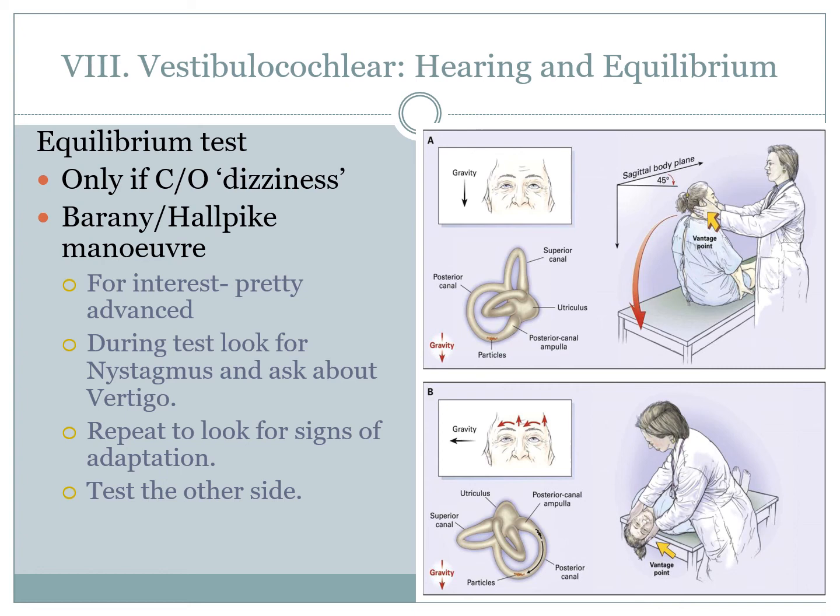You need to test both sides, so once you've done the left and you're looking for signs of adaptation if they have vertigo, then you do the right. The main reason you do that is because as you lie them down, one ear is obviously going to be down and the other ear is going to be up.